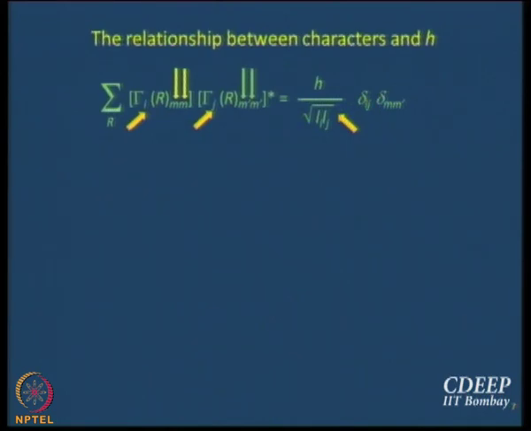What will happen if i is not equal to j? 0. So i has to be equal to j, and when i equal to j, the square root of Li Lj is equal to Li, delta ij equal to 1. So this is what you get: sum over R of gamma i R mm times gamma i R m dash star is equal to H by Li delta mm dash.